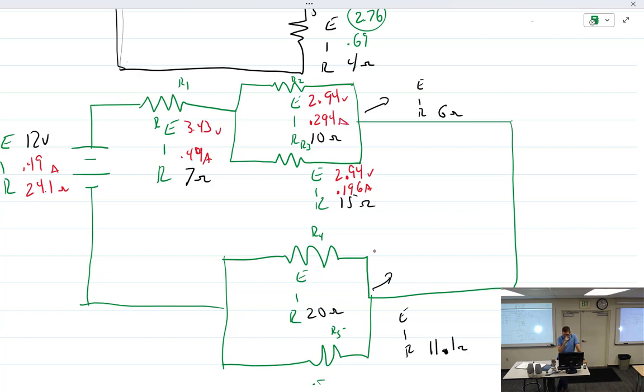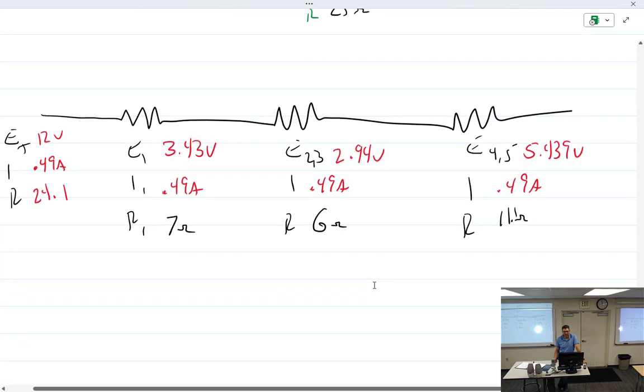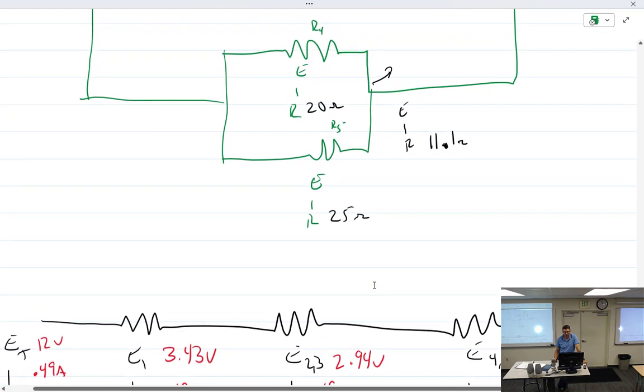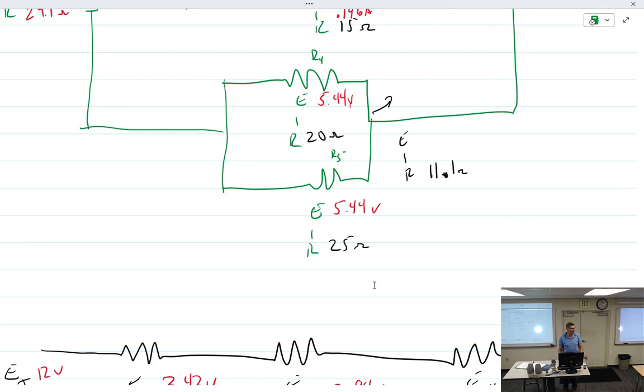Then we're going to look at 4, 5. What am I going to carry up? Voltage, we'll say 5.44. And we just finish it off with Ohm's law. Current flow here, 0.278.